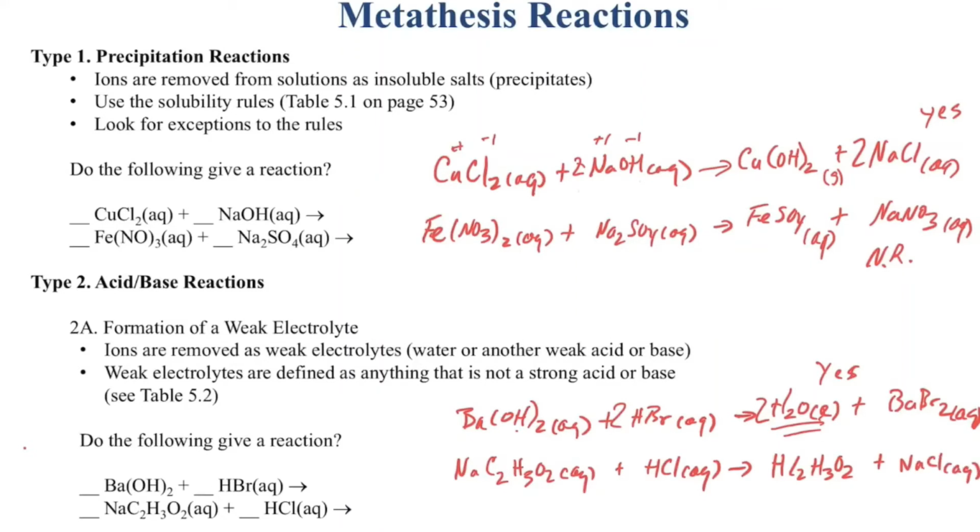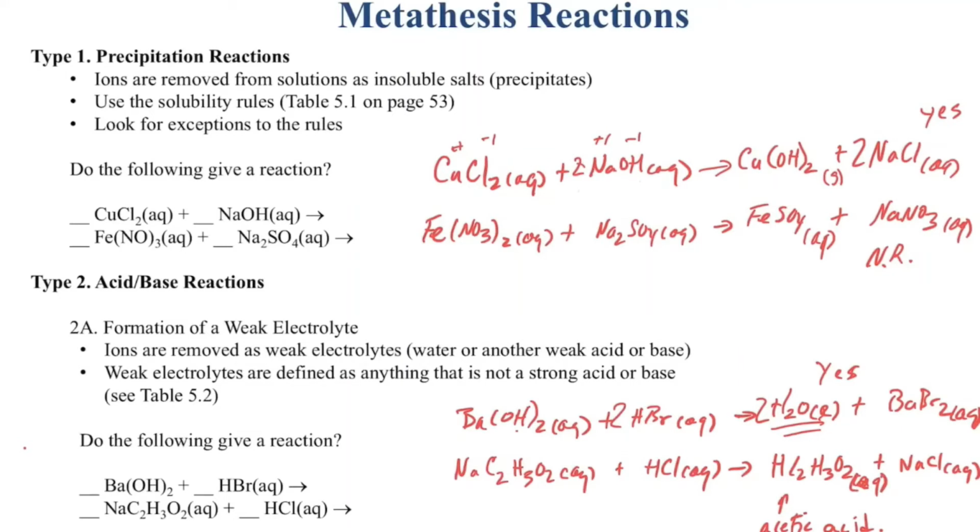Now let's talk about the HC2H3O2. This is acetic acid. If we look at our table of acids, we're going to see that acetic acid is not a strong acid. So this is going to get an aqueous because it's dissolved, but it doesn't break up.